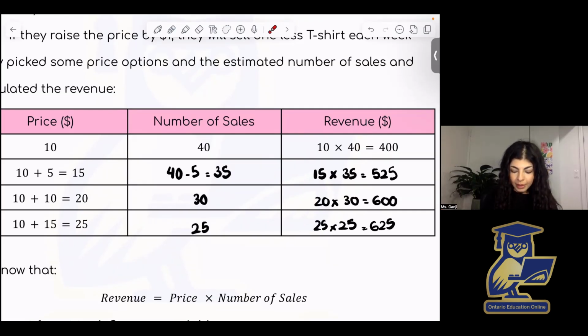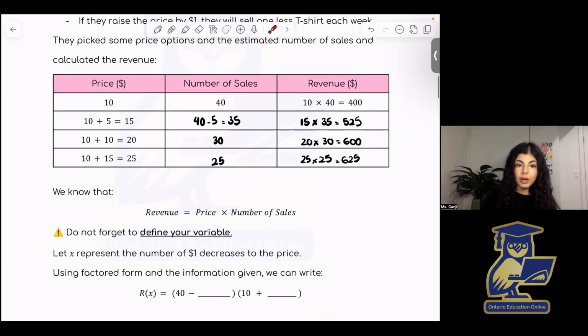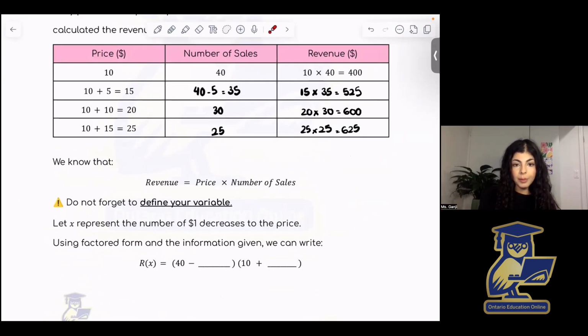shrinking by 5. So here is now where we are going to see the main difference between this problem and the problems we've seen so far, where you are now not being asked to determine the ticket price or the number of sales. You have both of those, but there are changes being made to them that will affect our revenue.